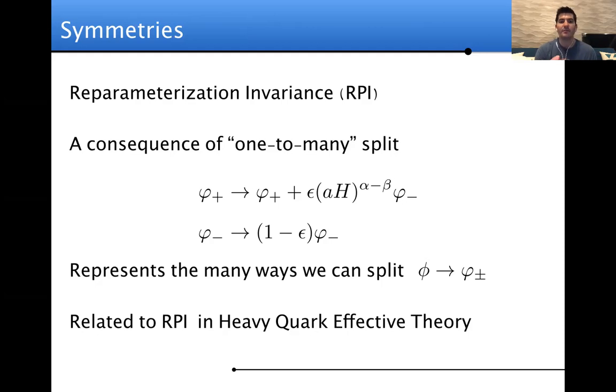This RPI symmetry mixes the phi plus and the phi minus field, so the growing and decaying modes. And ultimately, when using the symmetry, we'll see that it relates operators with phi pluses to operators with phi minuses. We call this RPI because a very similar symmetry arises in heavy quark effective theory for very similar reasons, a one-to-many split. And so by some rough analogy with heavy quark effective theory, you could understand the role of this symmetry.